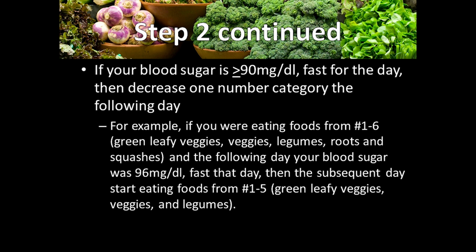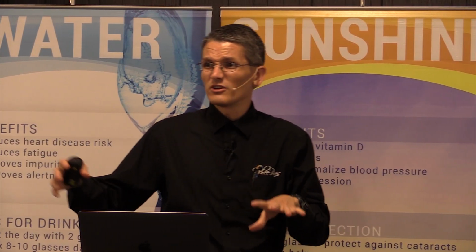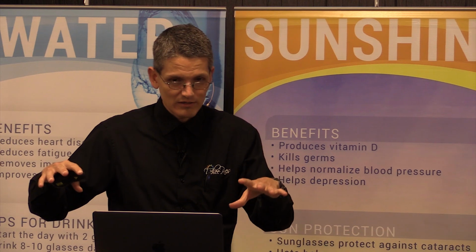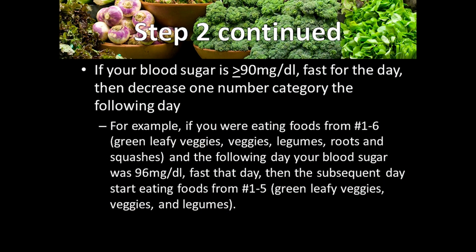But if your blood sugar is greater than 90, take that day to fast so that you can reset and your blood sugar levels come back down. So if you were eating foods from groups 1 through 6, so green leafy veggies and veggies, legumes, roots, and squashes, and then that day your blood sugar levels are like 96.